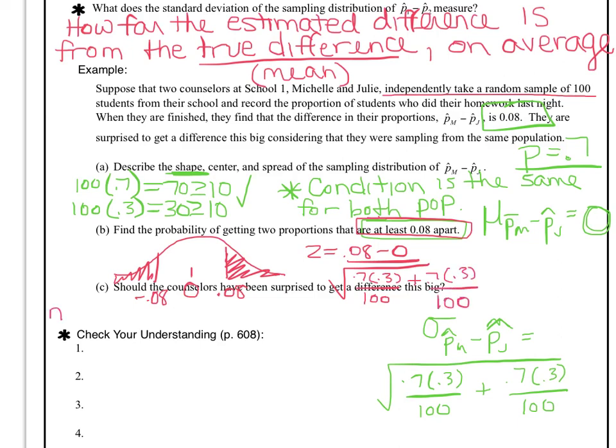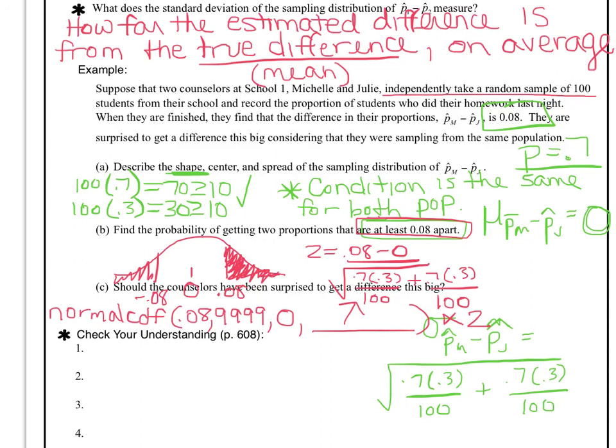And I can just type in normal CDF from 0.08 to some really large number. 0 is my mean. This right here goes in my standard deviation. Okay, that's going to give me a value for this area. Then to make sure I get both areas, I need to take this and multiply it by 2. That's going to give me my probability of getting two proportions that are at least 0.08 apart.